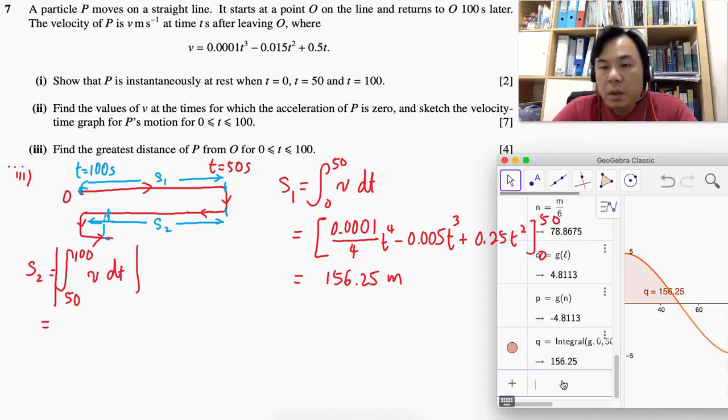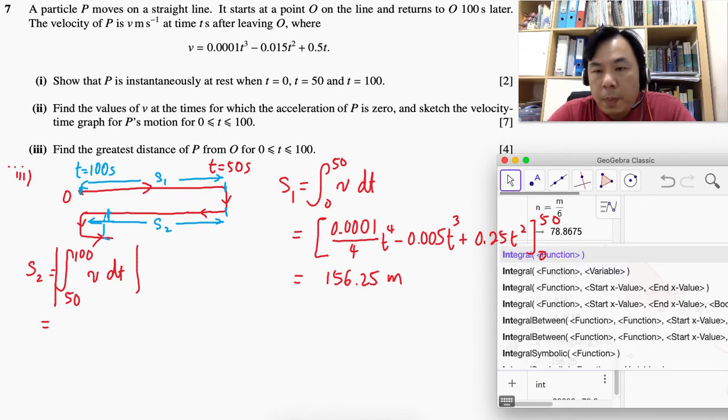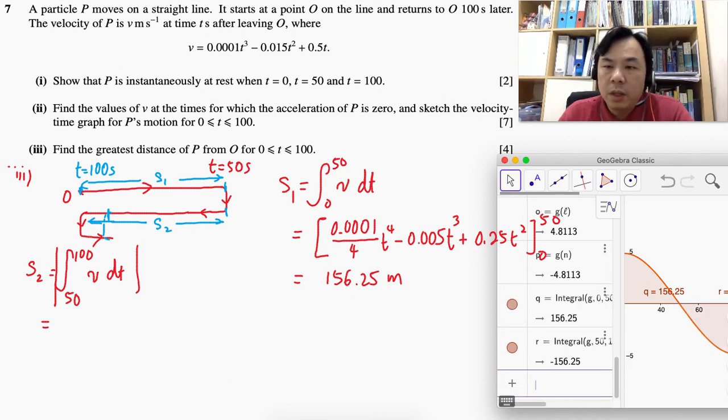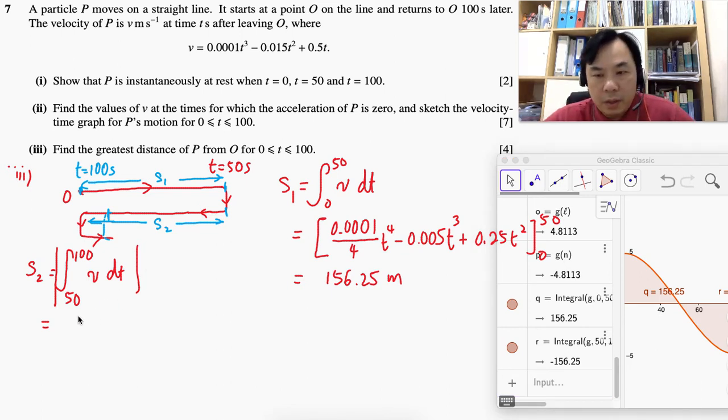You can do it on your own, it shouldn't be that tough. So I'm going to use the g function again, from 50 to 100. Now you can see that both the areas are exactly the same.